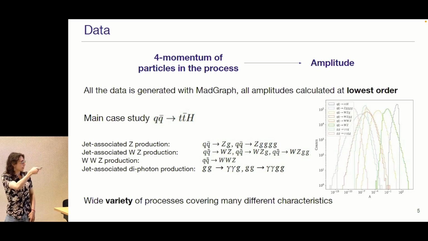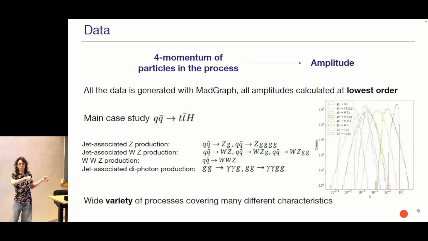But then, a lot of other processes that I'm not going to stop to mention, just to show that they span a very wide range of amplitudes. And again, processes of different characteristics.